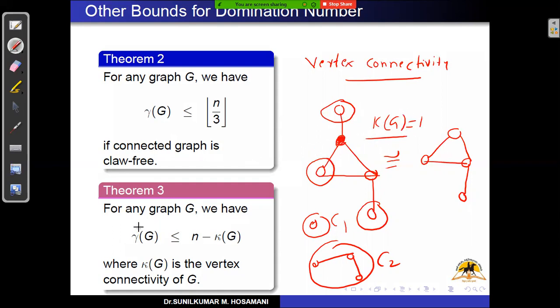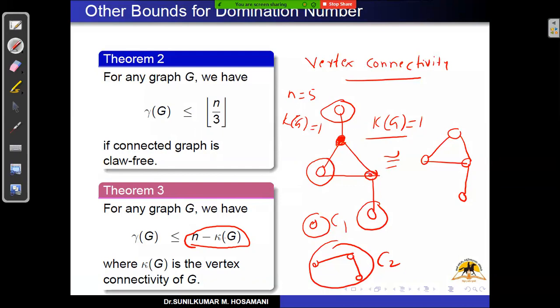So here our third theorem says that domination number is less than or equal to number of vertices minus its vertex connectivity. Number of vertices minus its vertex connectivity. Here in this graph you can see that n is equal to 5, 5 vertices are there, and vertex connectivity is 1. You can see domination number.